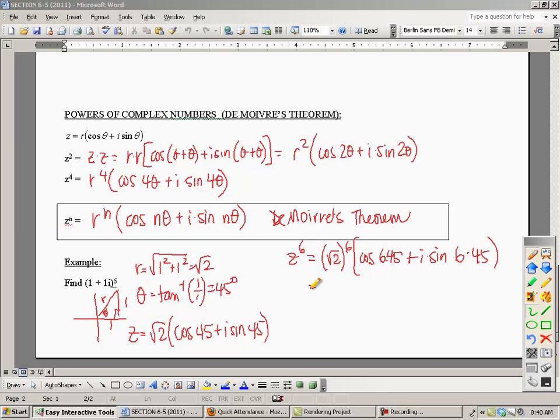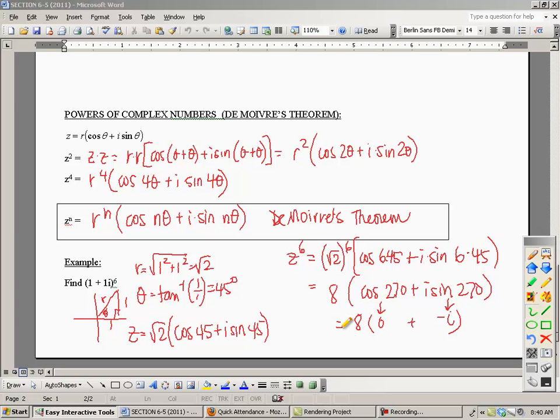The square root of 2 to the 6th power is just 8. And this ends up being the cosine of 270 plus i times the sine of 270. The cosine of 270 is 0. The sine of 270 is negative 1, so this is negative i.